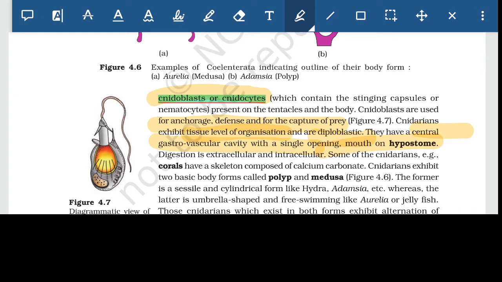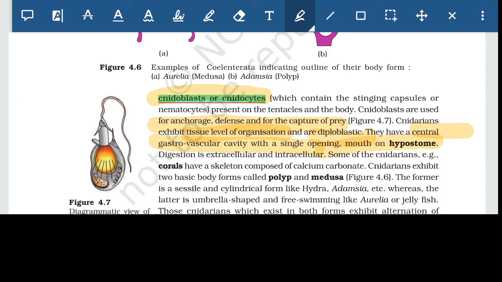Digestion is extracellular. If they have a gastrovascular cavity, that is a digestive cavity, so there will be extracellular digestion. Digestion is extracellular and intracellular. There are both kinds of digestion. Extracellular is digestion occurring in the cavity.